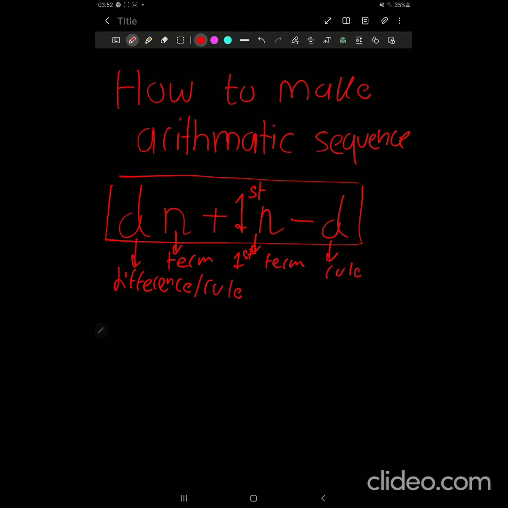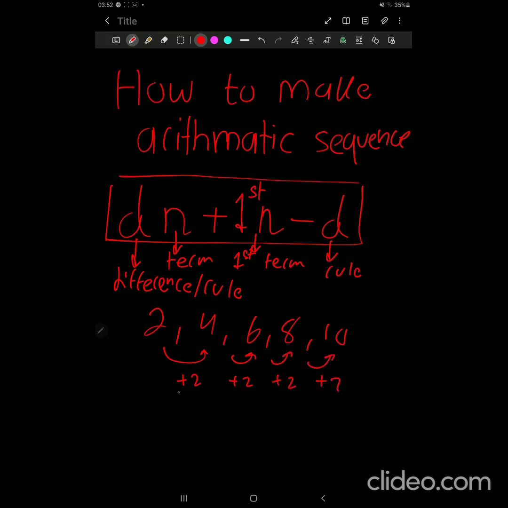For example, we have 2, 4, 6, 8, 10. How do we know the general formula, the general rule, of it? We know that 2 to 4 is plus 2, 4 to 6 is plus 2, and so on.